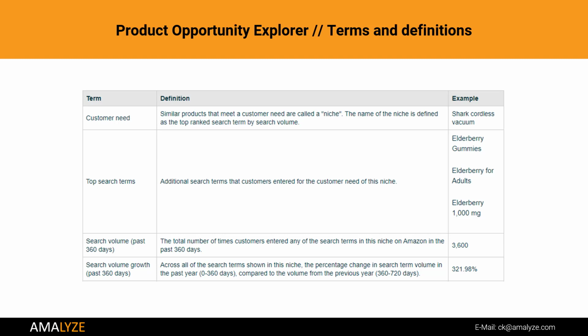So for example, search volume growth past 360 days across all accumulated data of the search terms shown in this niche, maximum of 20: the percentage change in search term volume in the past year, the last 360 days, compared to the volume from the previous year. We are now in January or beginning of February, so that means the last 360 days is 2021, and it is compared with 2022 data.